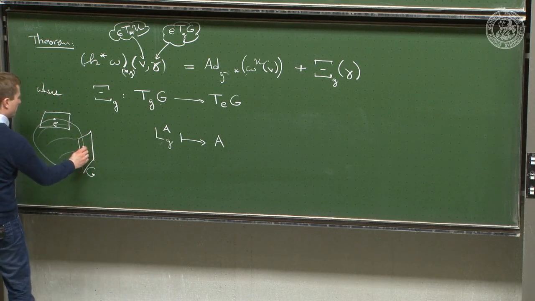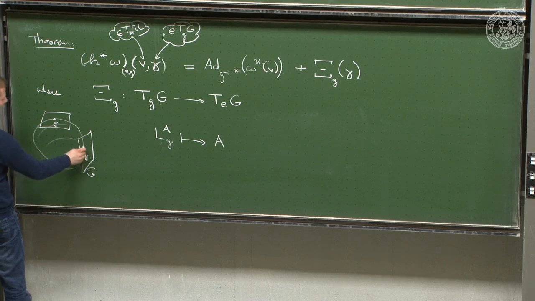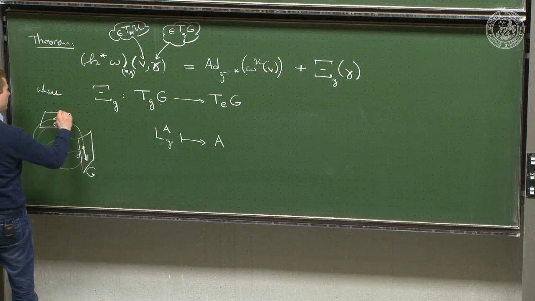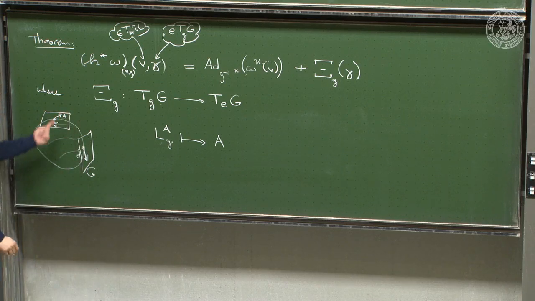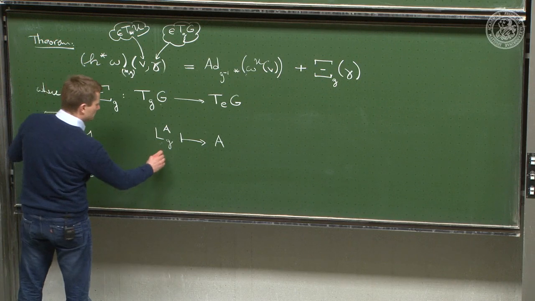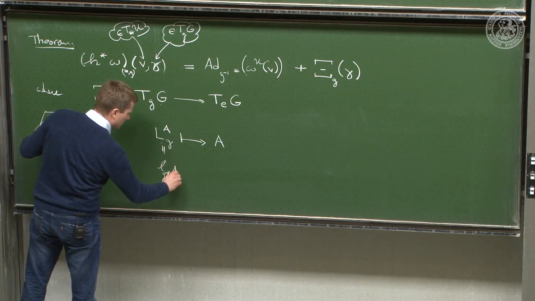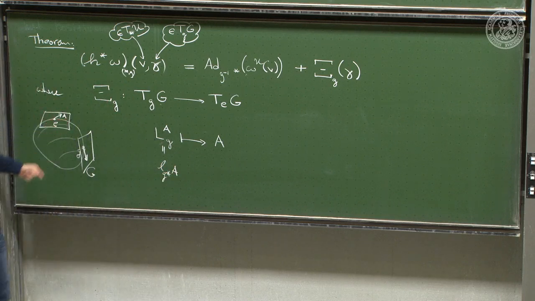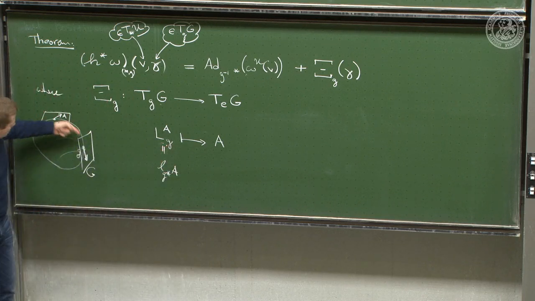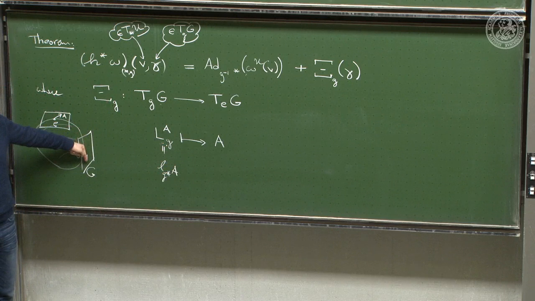Then we found that there is always a specific vector A up here, such that the left invariant vector field generated by this A, this guy, reproduces this vector here, okay?